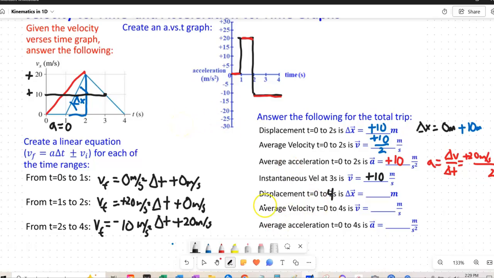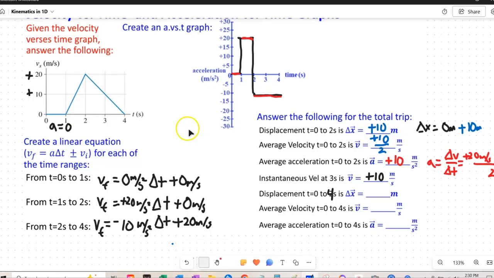All right, let's work with our velocity versus time graph. I'm probably going to have to erase all this. Maybe not, I don't know. And it's taking me forever to erase. Okay.